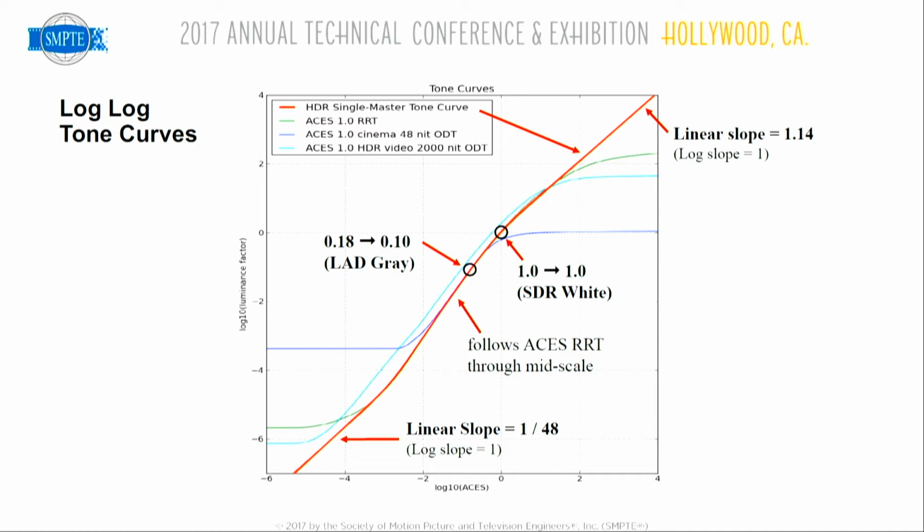The horizontal axis is the logarithm of ACES values coming in, and the y-axis is the logarithm of the luminance produced by the display. In this case, we've normalized that to the 48 nit reference of standard dynamic range cinema. And for comparison, we are showing some of the ACES tone curves as well.